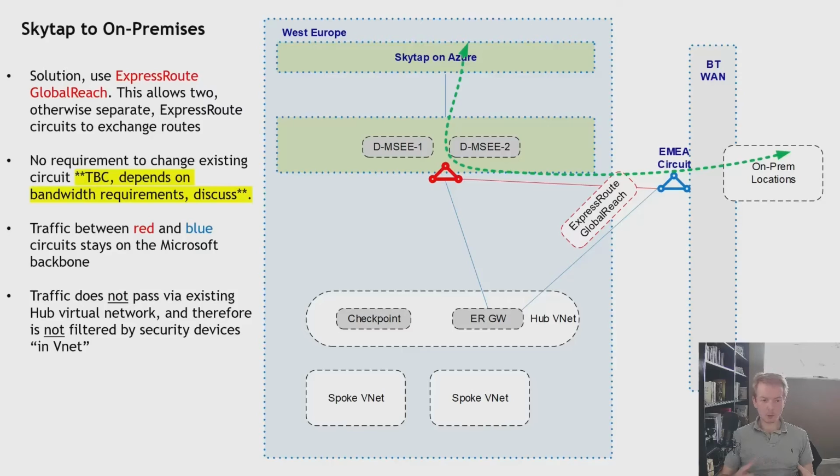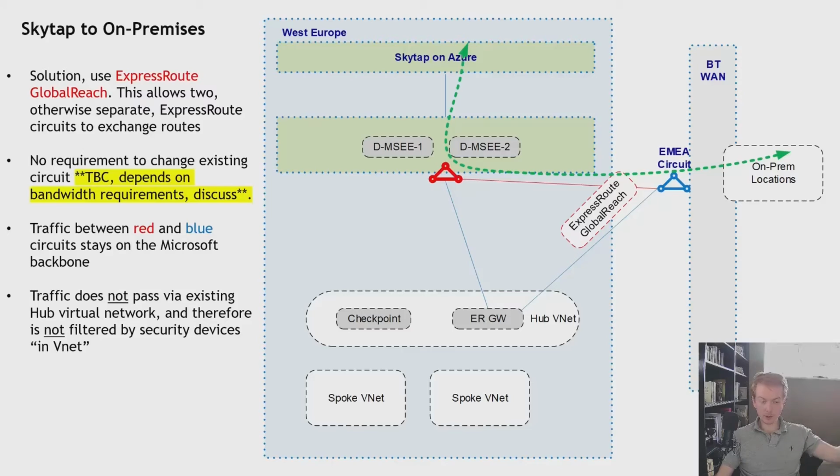Now the question might come up, do I need to do anything to the blue circuit? And that depends. So if you just configure the network logically as I've shown here, all of the Skytap routes will start getting advertised to the customer on-prem, and they can just consume them without doing anything. But where you have to think a bit more deeply on this is in terms of the network throughput requirements.